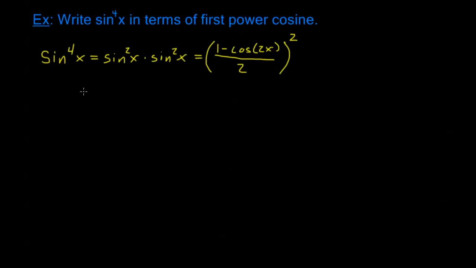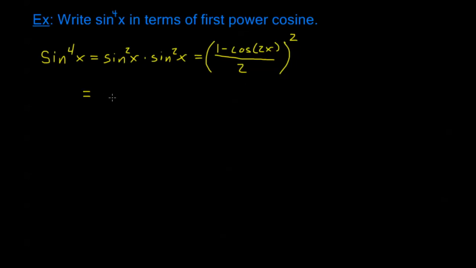Now I want to distribute this through. This isn't in terms of first power cosine yet. I do have a first power cosine here, but this whole thing's squared, so I need to distribute it through and get rid of any squareds that occur because of this raising to that power.